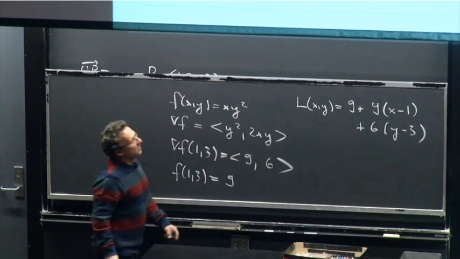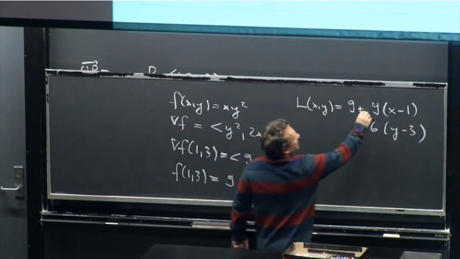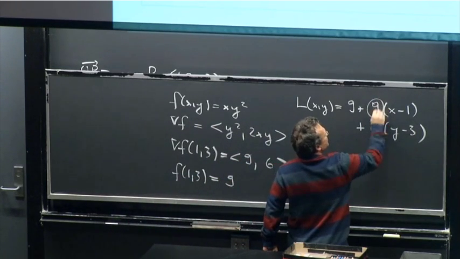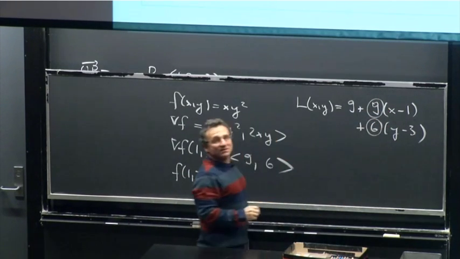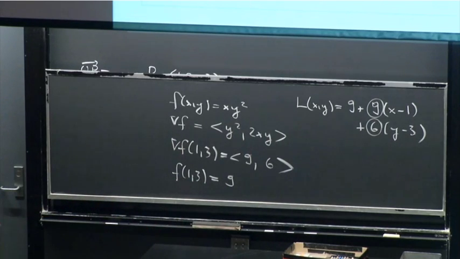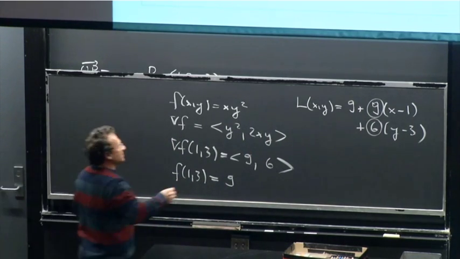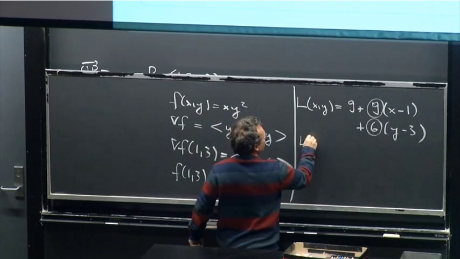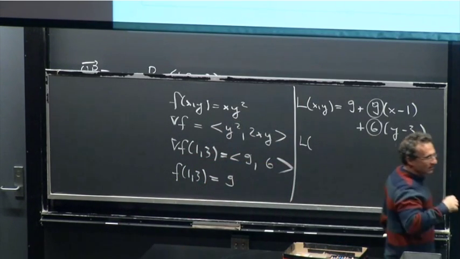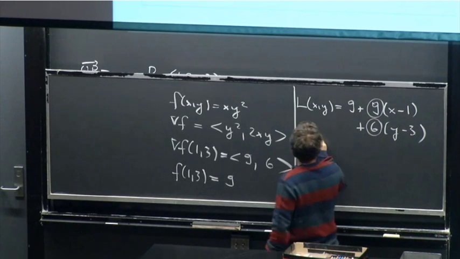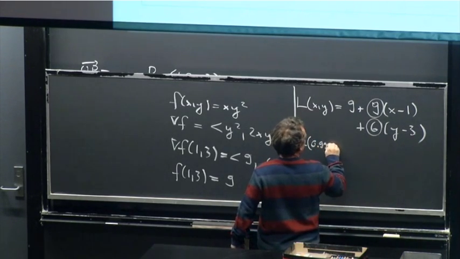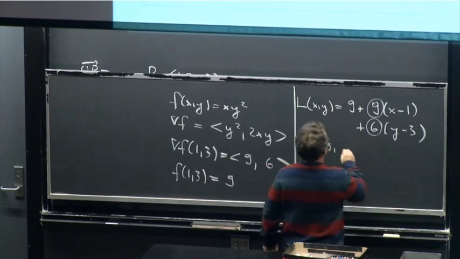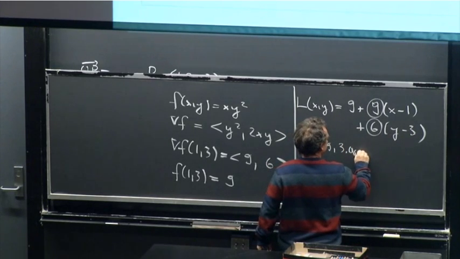Make sure that these parts which you have here are constants. These are not functions of x and y. And so that's the linearization. Now we can estimate this at the point which we are interested in, like 0.999 and 3.0004.